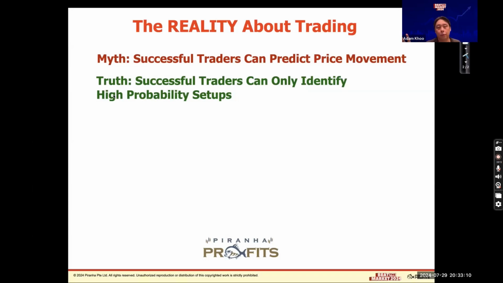That's the difference. What's a high probability setup? Today's webinar, I'll be reviewing what makes a high probability setup. It's a setup where the odds are tilted in your favor, where there's a high probability that the price will move in your intended direction.